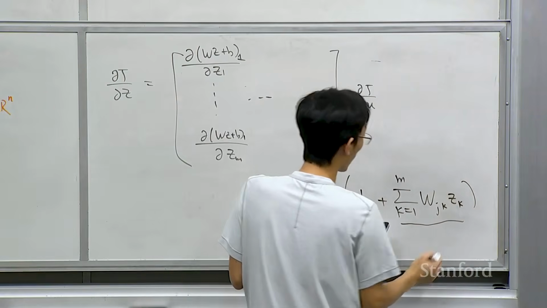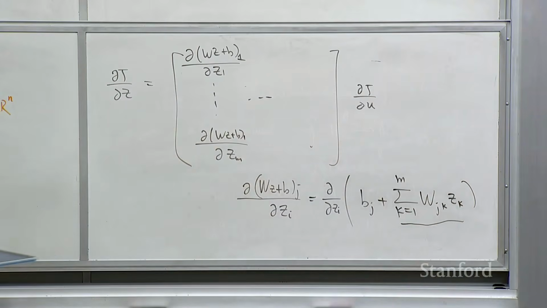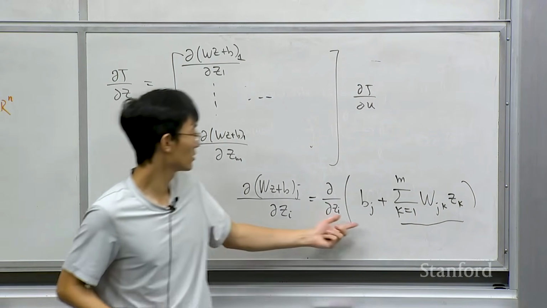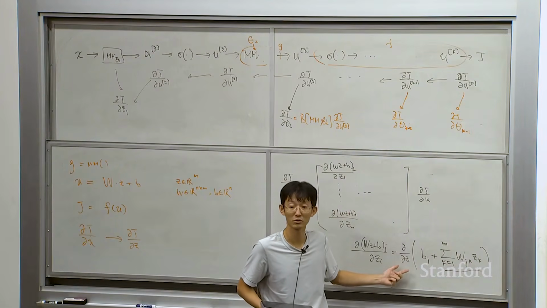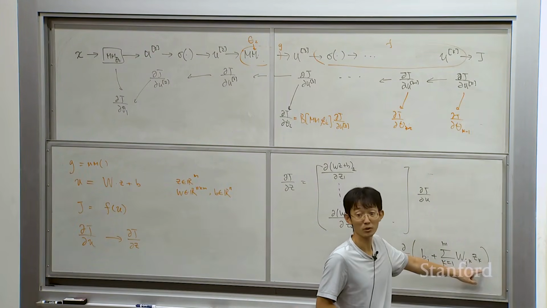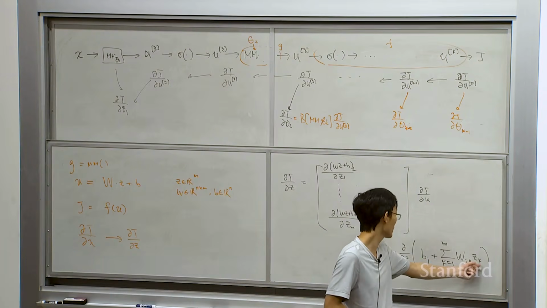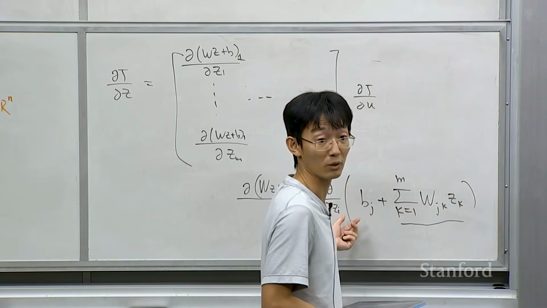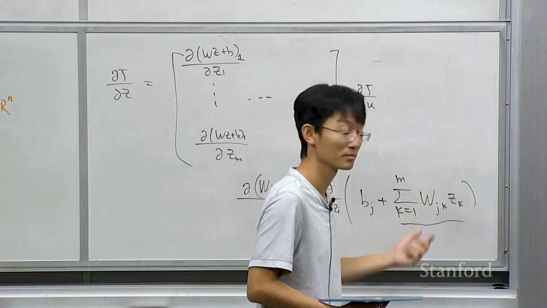So this is the jth coordinate of Wz. Now you want to differentiate this formula with respect to z_i. And you see that many of these variables have nothing to do with z_i. So z_k has no derivative with respect to z_i if k is not equal to i.